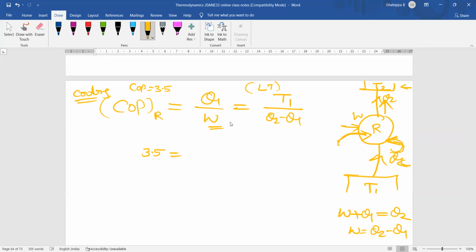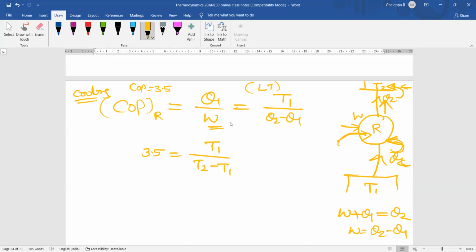Now you can substitute the values of Q2 and Q1 directly, or else convert into temperature. Here it is better to convert into temperature, because he has asked the temperature ratio. Q2 is related to T2 temperature, Q1 is related to T1 temperature. So simplify this equation.